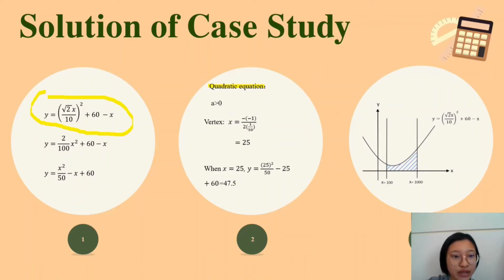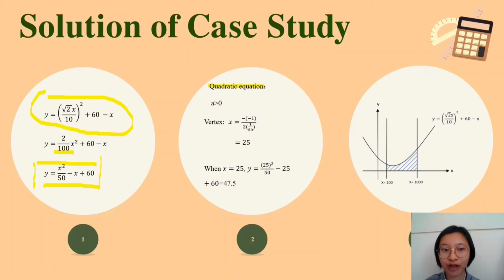So we will get 2 over 100 x squared plus 60 minus x. And 2 over 100 can be simplified into 1 over 50. So lastly, the equation for the function will be in the simplified form, which is y equal to x squared over 50 minus x plus 60. So this is the simplified form of the equation.